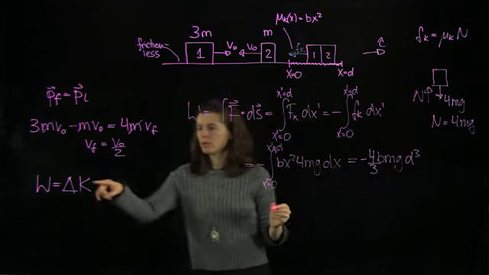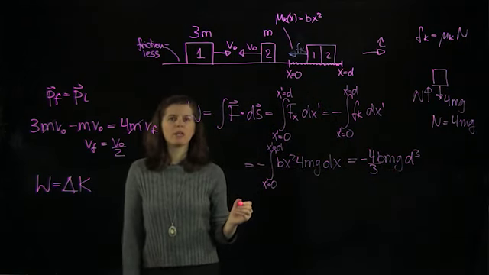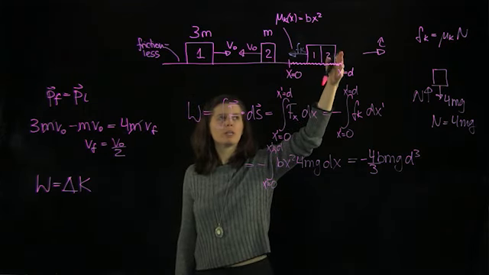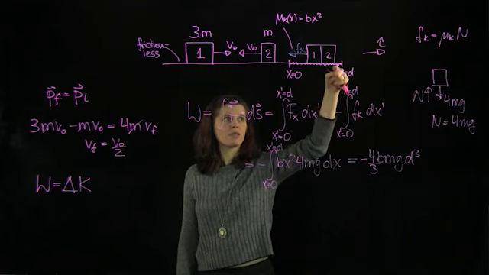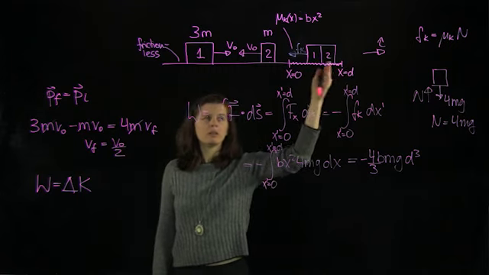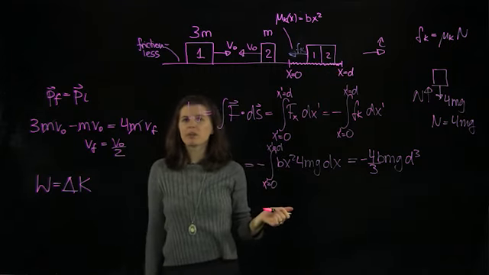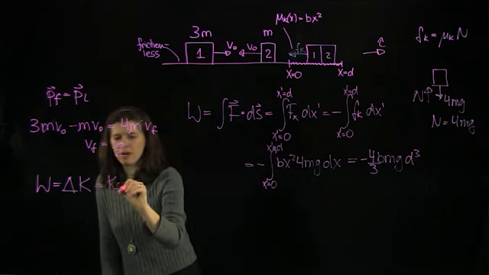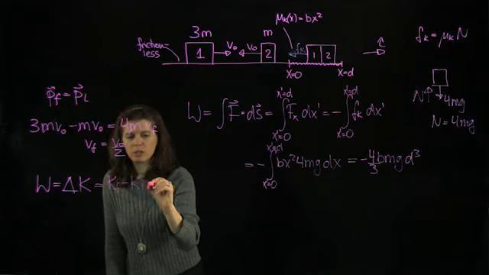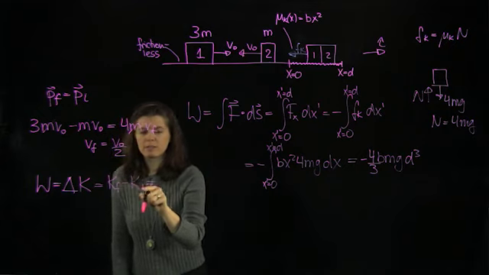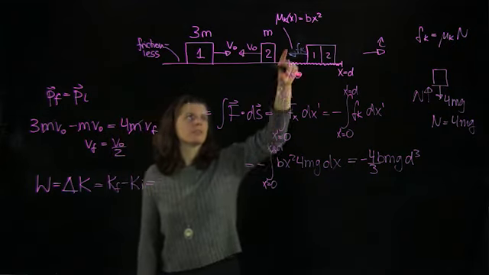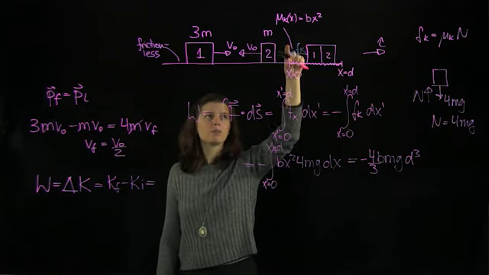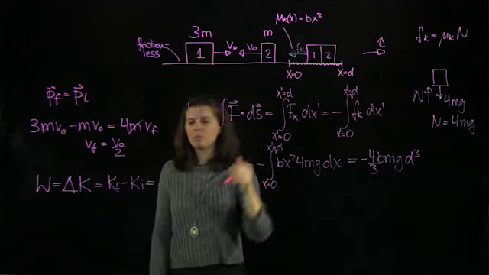And now we need to look at the change in kinetic energy between here and there. We already know that this block is at rest at x equals d. So if the velocity is 0, our kinetic energy will be 0. And so our K final minus K initial is going to be just minus K initial. And that initial is the final situation of our collision. So we're going to look at the combined block.